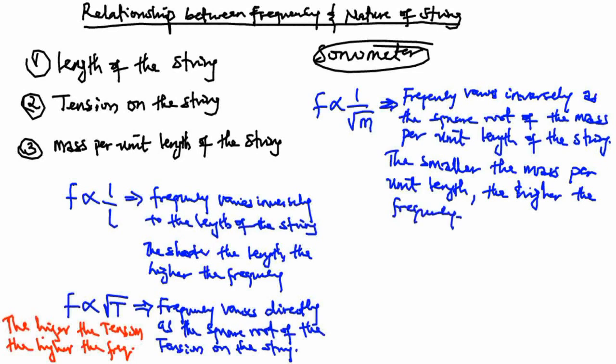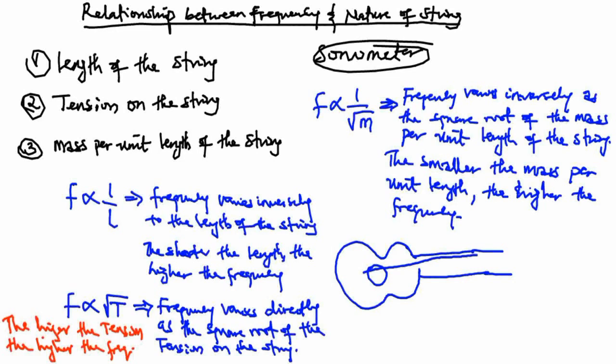Now, a very good way to visualize this is in a guitar. I happen to play the bass guitar. If you look at the bass guitar, a bass guitar has 4 strings. You have the E string, which is usually very thick, and the frequency is always low.